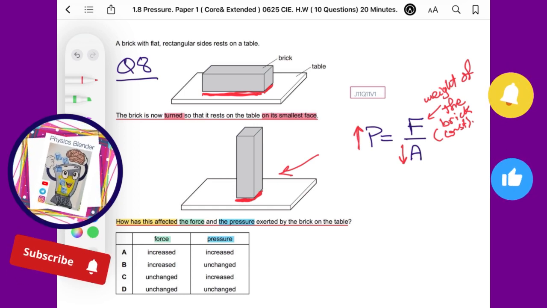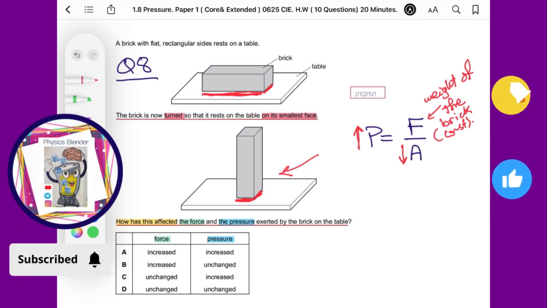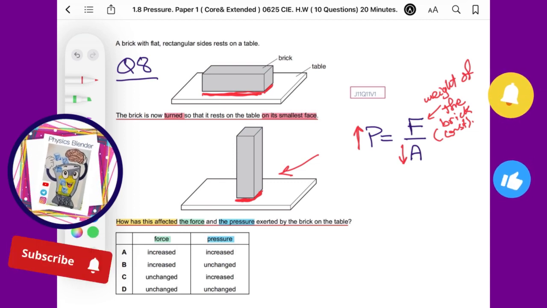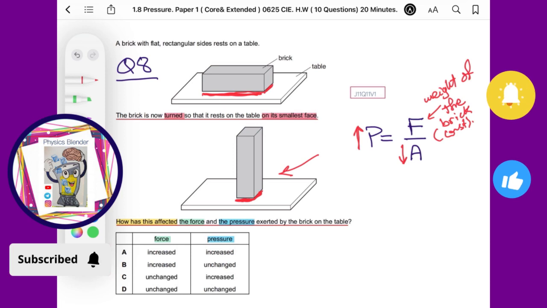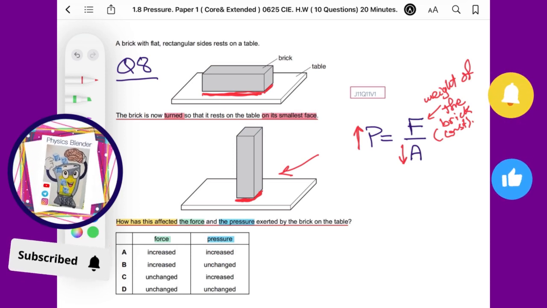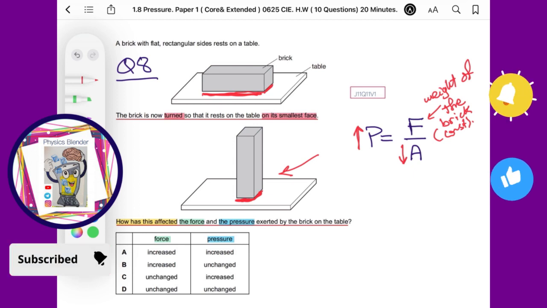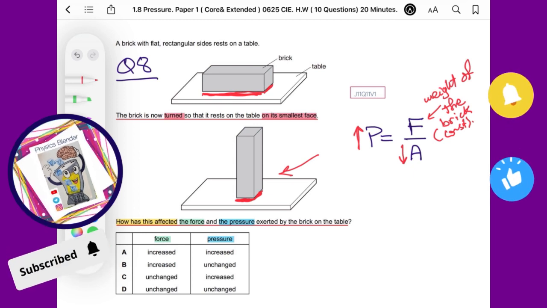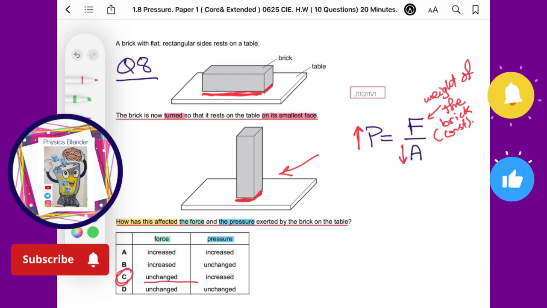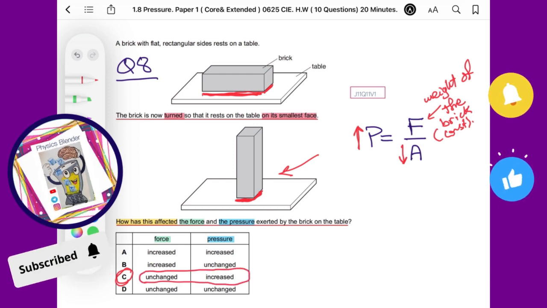The choices you have here, he's not asking you about the contact area, he's asking you about the force and the pressure. Force unchanged because it's the weight of the brick, but pressure increased. So the correct answer for this one is C. Force unchanged and pressure increased.